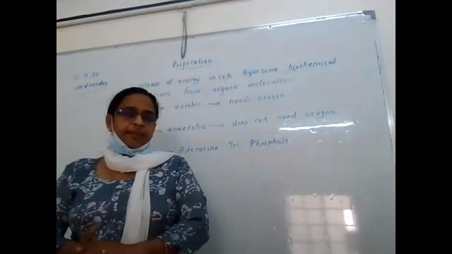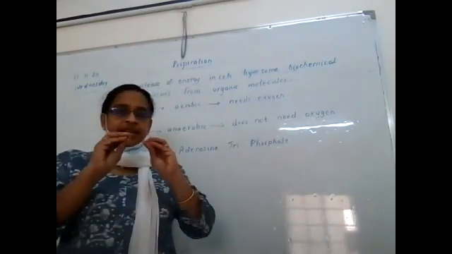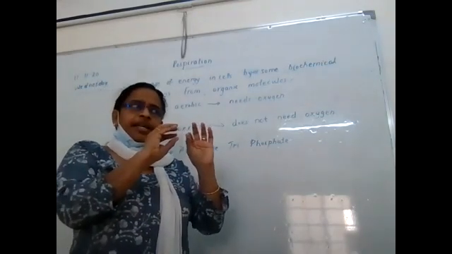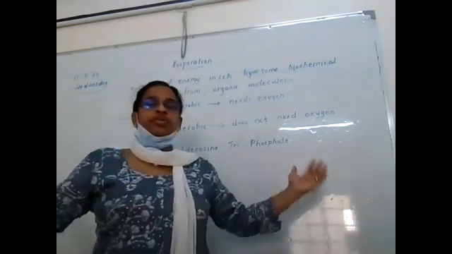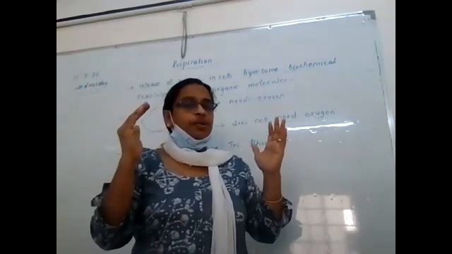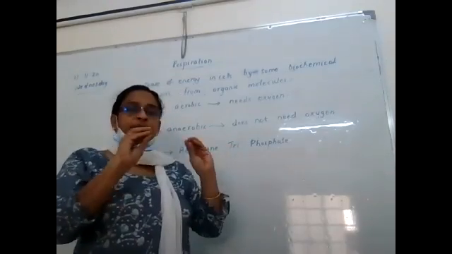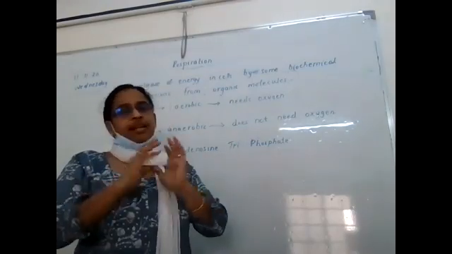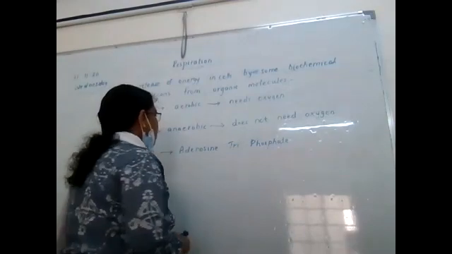The third thing is it produces energy in reactions, enough for single reactions. It does not produce a lot of energy at a time. That can be fatal, not good for the cell. So at a time, the ATP produces a small amount of energy, which is enough for a single reaction. So these are the advantages of ATP.